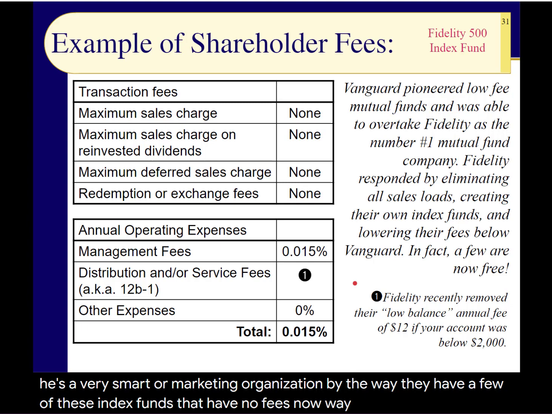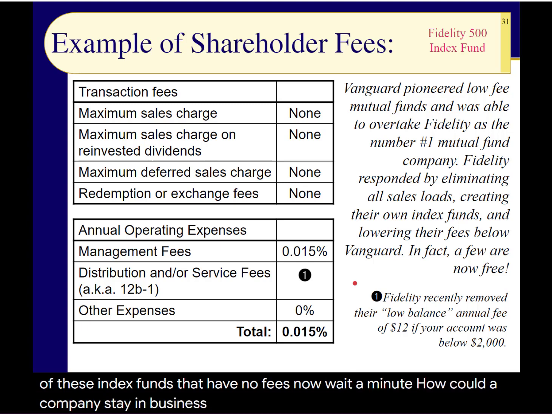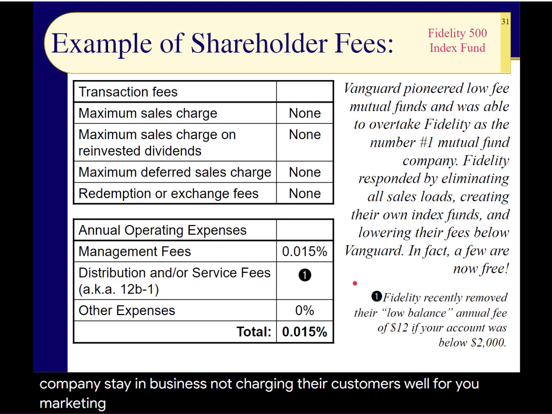Now, wait a minute. How can a company stay in business not charging their customers? Well, for you marketing fans, it's called a loss leader. And you might remember Fry's.